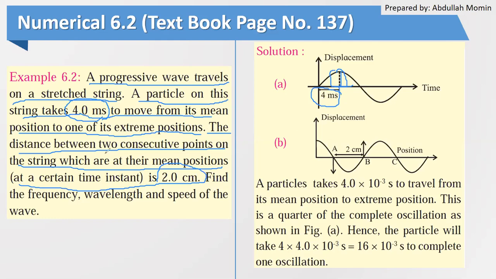Now the distance between the two consecutive points on the string which are at mean position, means here point A is at mean position, point B is at mean position, and the distance between these 2 points is 2 centimeter. We have to find out the frequency, wavelength and speed of the wave.